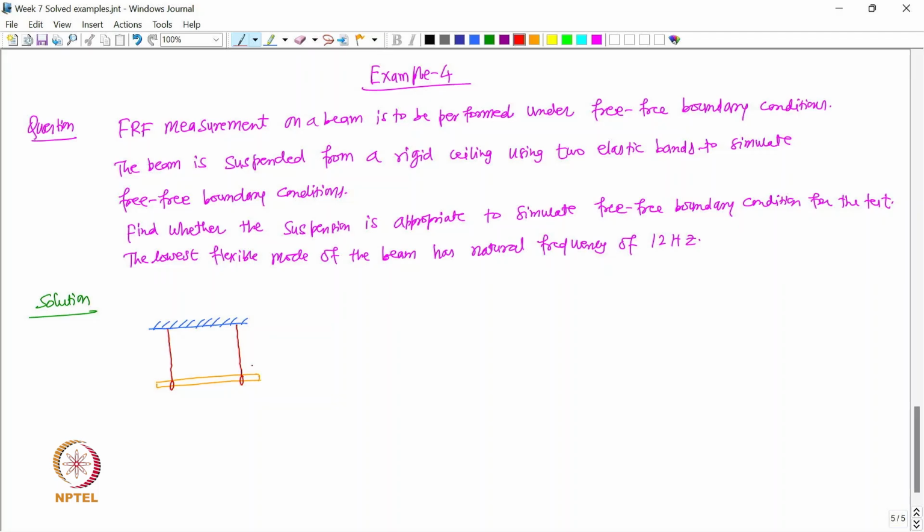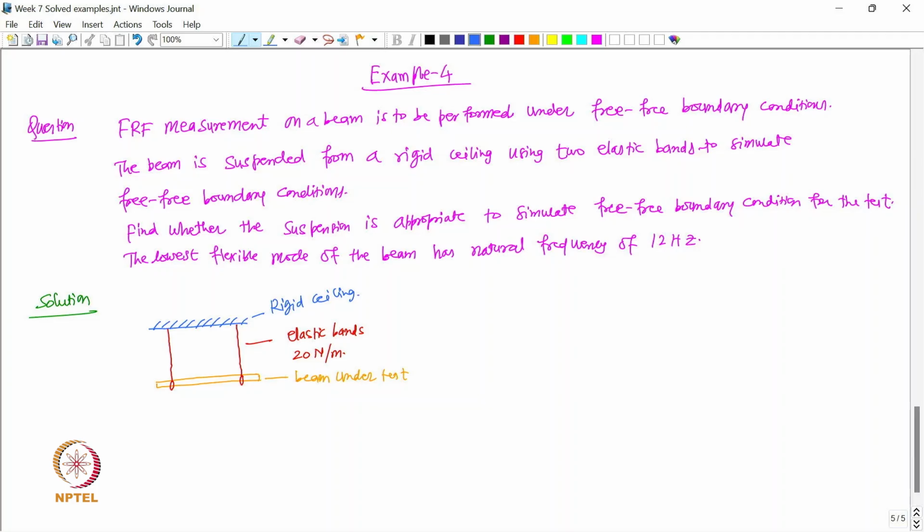It is given that the stiffness of this band is 20 Newton per meter.